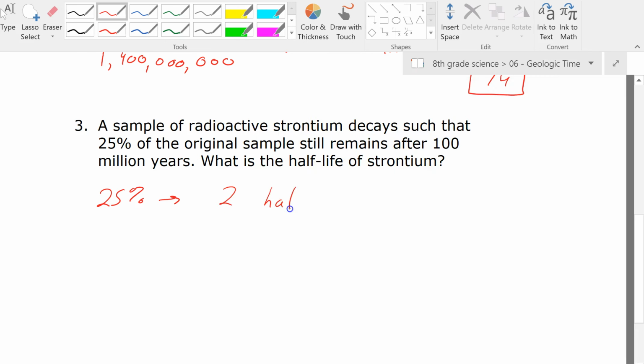It also tells us that we've had 100 million years go by. So 2 half-lives have gone by and 100 million years have gone by. I can write then that 2 half-lives and 100 million years must be equivalent.